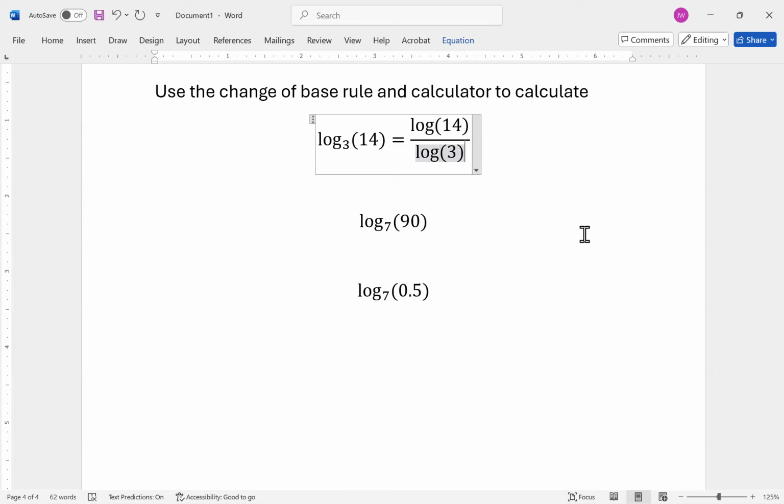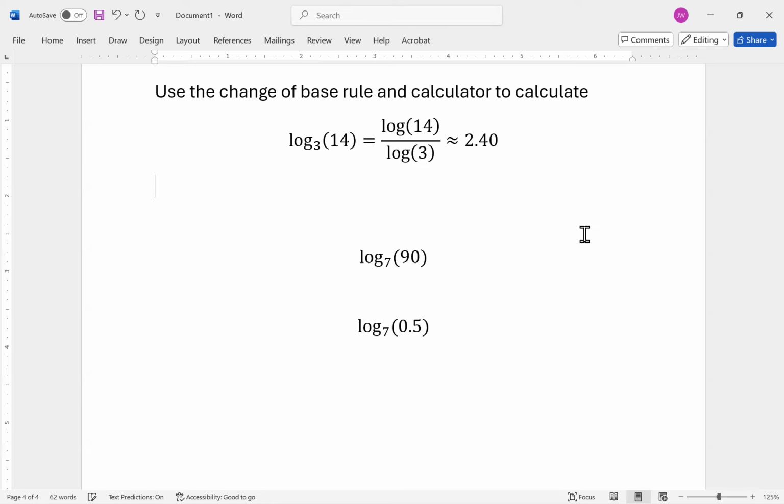On the calculator, that's just log of 14 and then log of 3. You get about 2.40, so you get approximately 2.40.